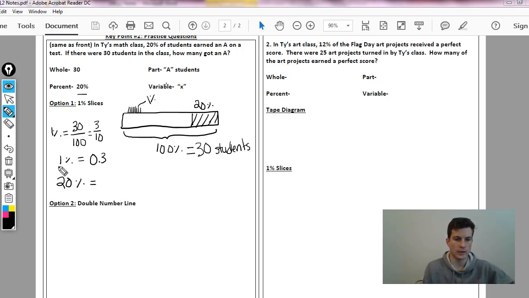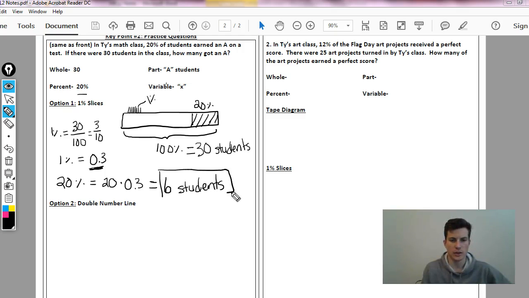Well, it would be 20 times 1%, so that's 20 multiplied by 3/10, because it's 20 times whatever amount is equal to 1%. What does that equal? Well, if you do the math there, that equals 6. And our units would be students. This means there's 6 students who made an A.